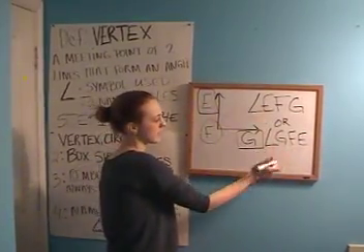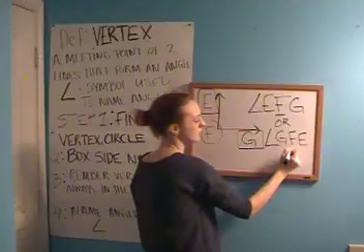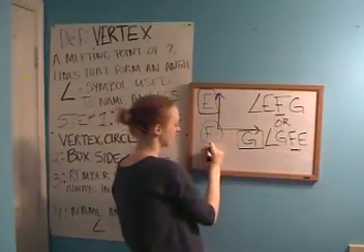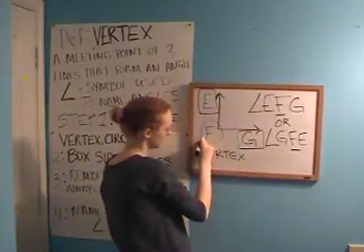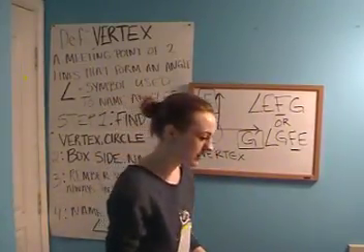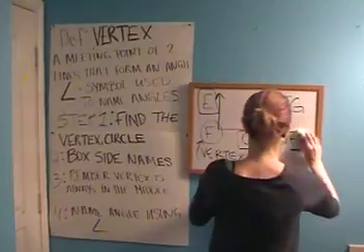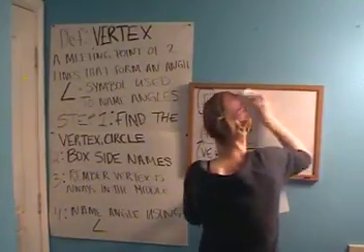Both of these are correct, as long as the vertex, or the F, is in the middle. This is the vertex. Let's go ahead and do one more practice problem, just to make sure you guys fully understand.